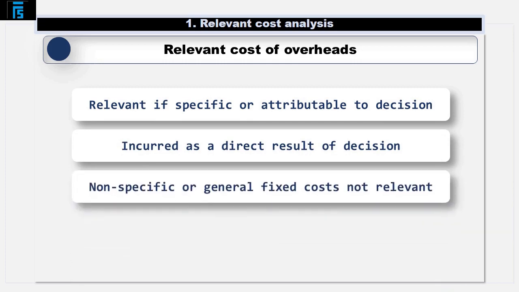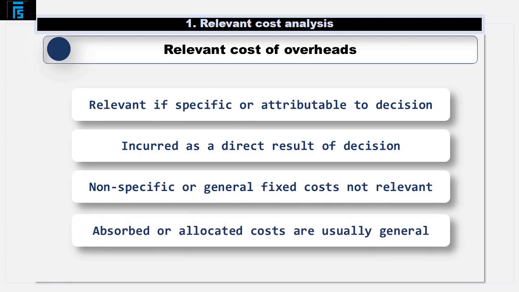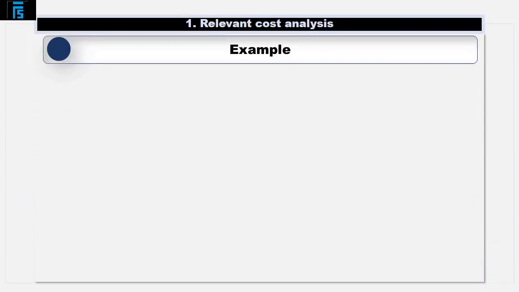However, non-specific or general fixed costs are not incremental and are not relevant. Also, if a fixed cost is said to be absorbed or allocated, then this is usually indicative of that fixed cost being general, not specific. Let's take a look at an example regarding the relevant costs of overheads.